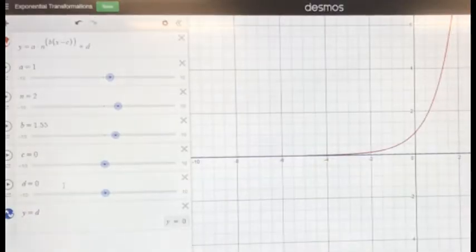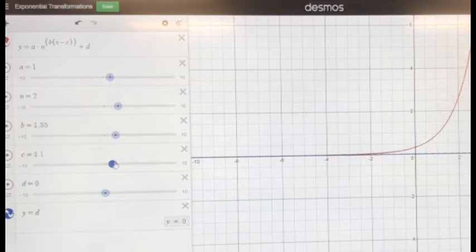Well, let's look. X minus 3, and it shifted to the right 3. So notice those numbers added and subtracted with your exponent shift it left and right. Let's put that back to 0.